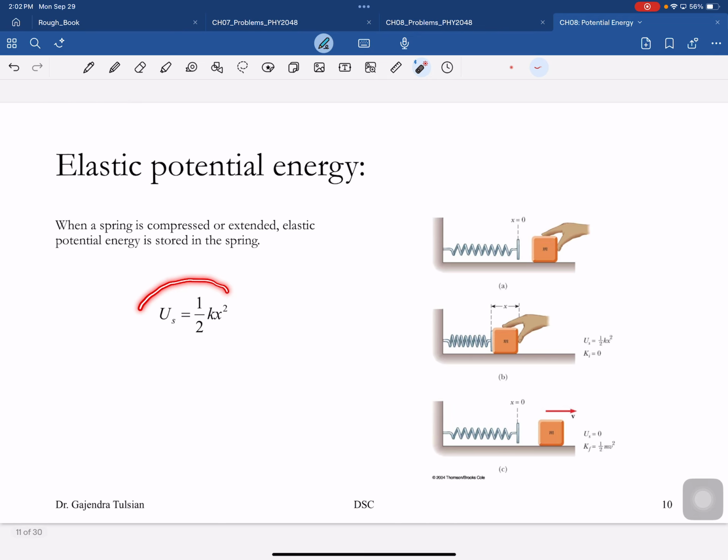So the spring potential energy is one half k x squared. k is the spring constant. x is how much you stretch or compress the spring. So if you stretch the spring by x or compress it by x, the energy stored is the same. And the stiffer the spring, the more energy you have stored.